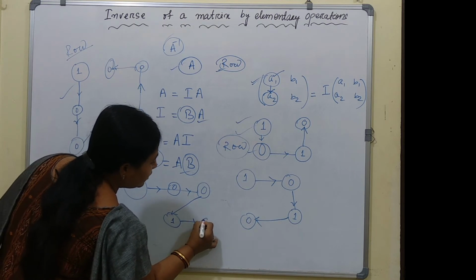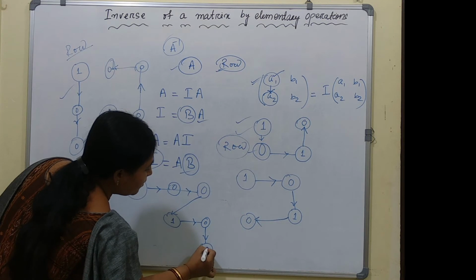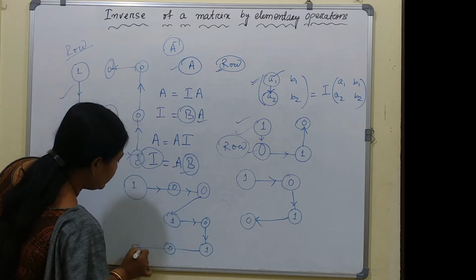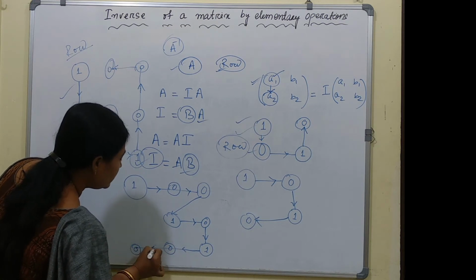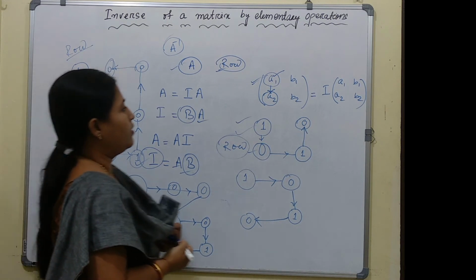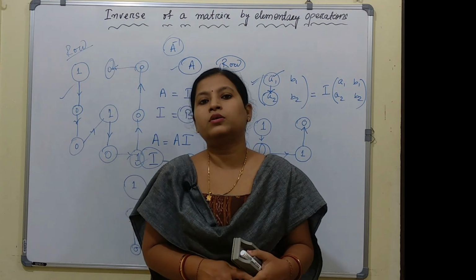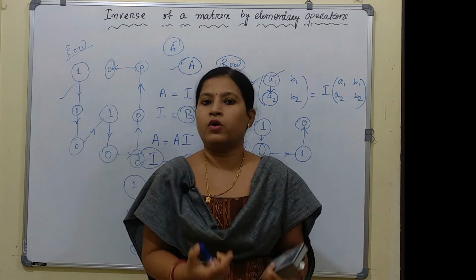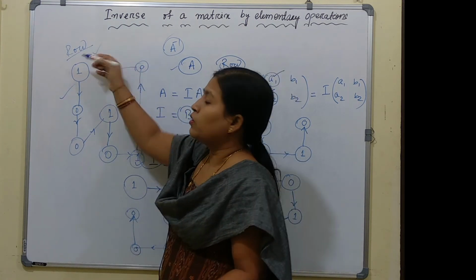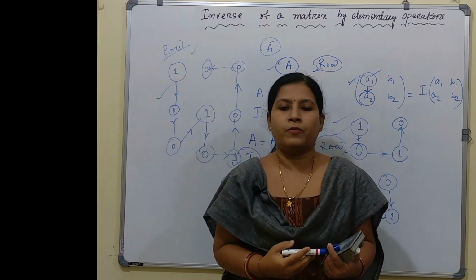Next convert this element to 0. Next this element 1 and convert these two elements to 0, and then we get 0 here also. Applying this technique, we get the inverse of a given matrix of order 2 and order 3, applying either the elementary row operation or the elementary column operation.